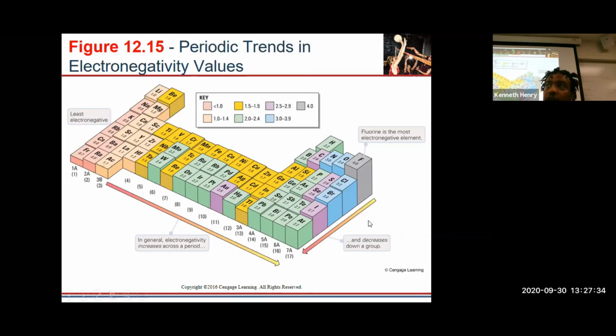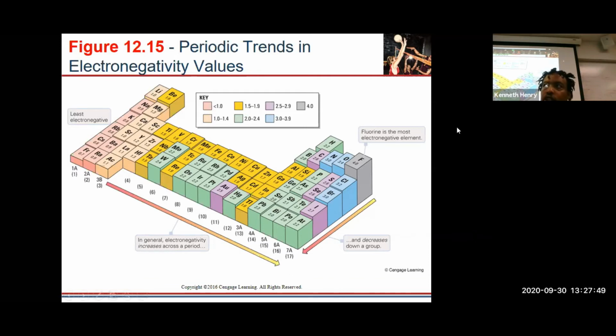And you'll notice these elements are closer to the noble gases, right? I gave you a general rule: if you're close to a noble gas, you're going to have a strong electronegativity. Well, yes, but it's based upon the period they're in.